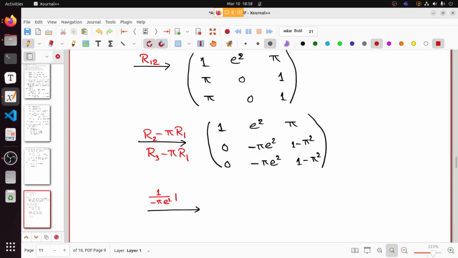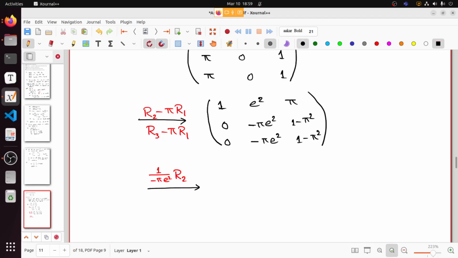Then it becomes 1, square, pi; 0, 1, pi square minus 1 by pi square; and the third row is as it is, 0, minus pi square, 1 minus pi square.